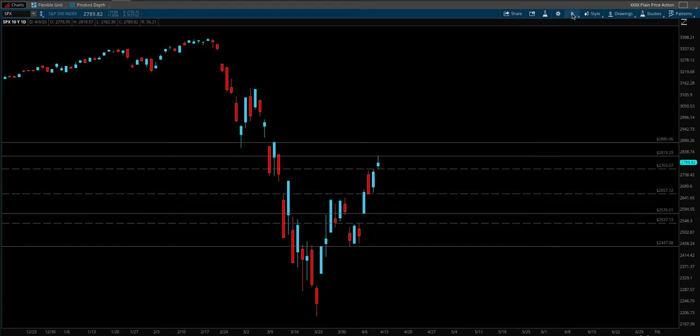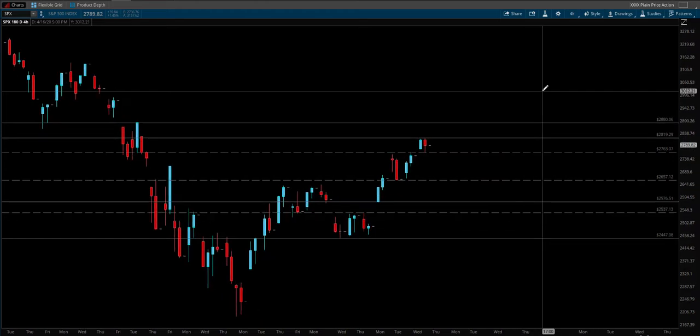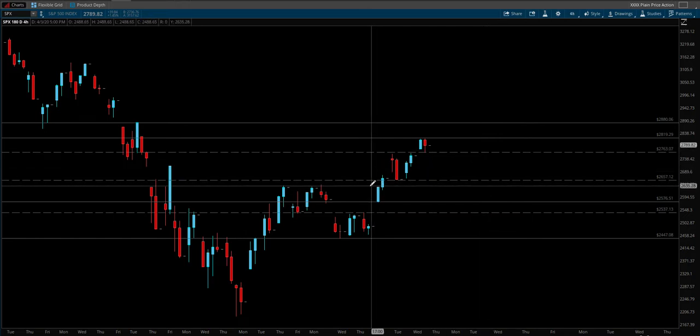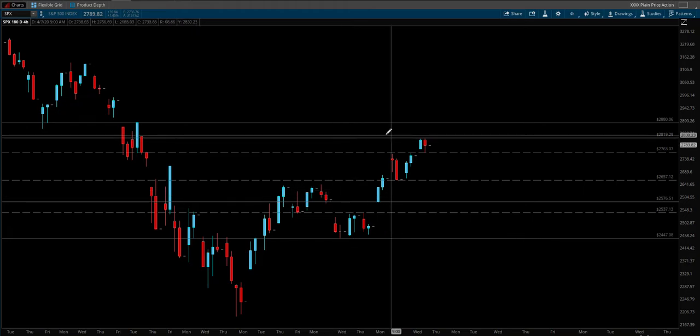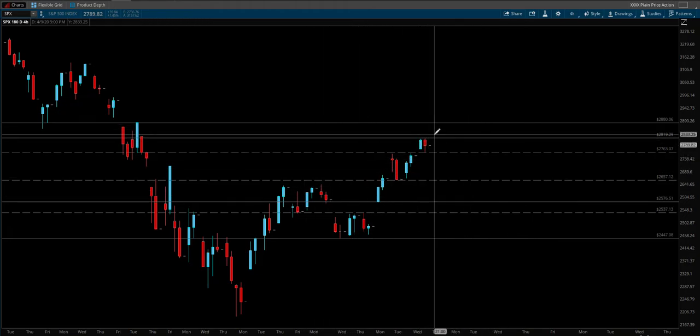If we go down to the 4-hour chart, you can see most of the time the 4 hour is going to be consistent more or less with the daily chart. Although there could be some slight differences, like you can see here, just slightly. But generally speaking, the 4 hour and the daily are usually close.